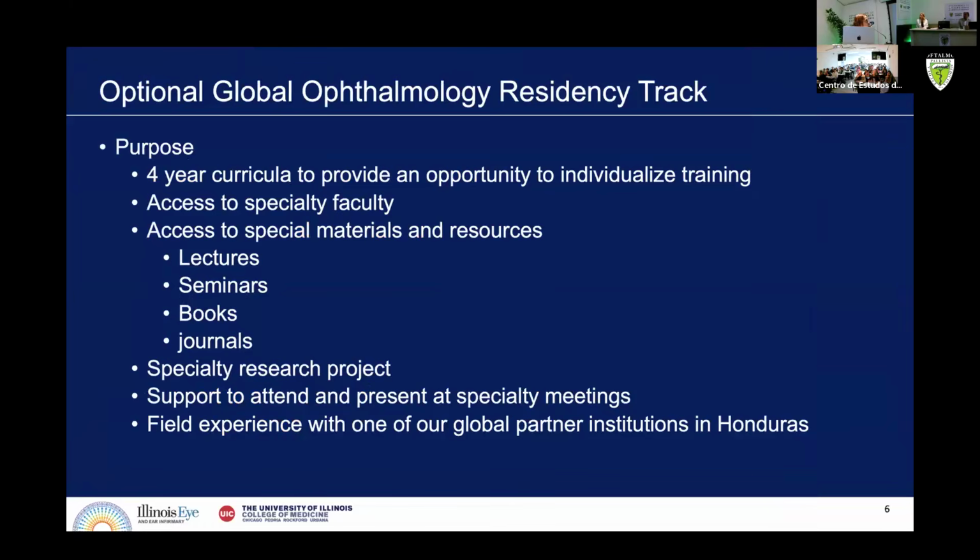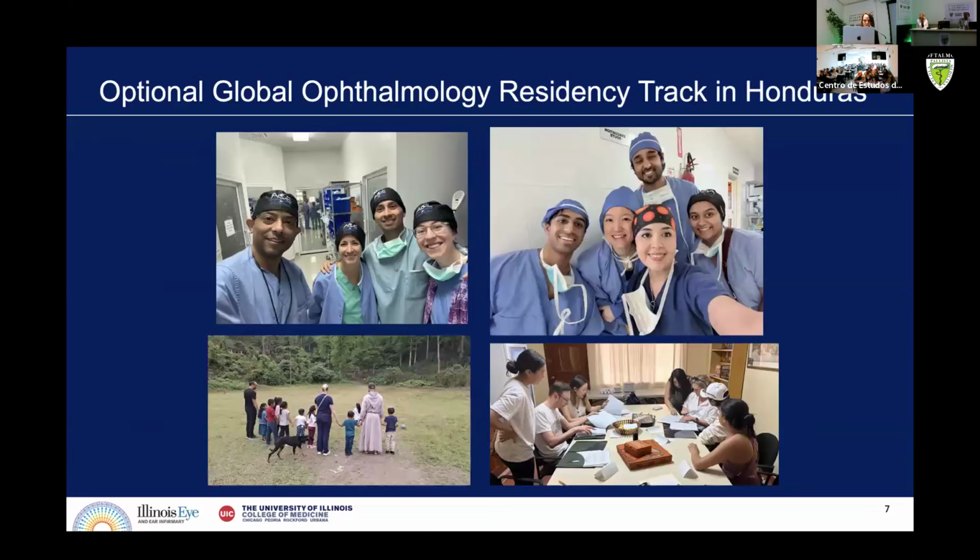And the purpose of this global ophthalmology residency track is a 4-year curriculum to provide an opportunity to individualize training, access to special faculty, access to special materials and resources, specialty research projects, support to attend and present at specialty meetings, and field experience with one of our global partner institutions in Honduras.